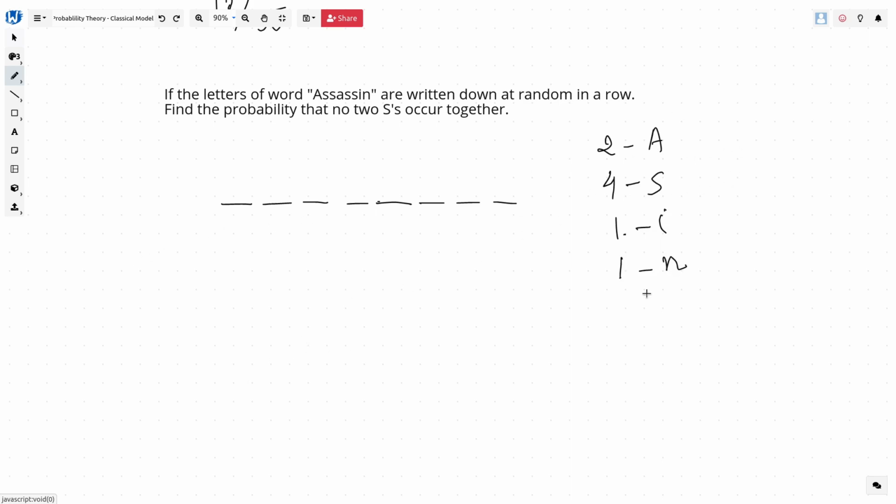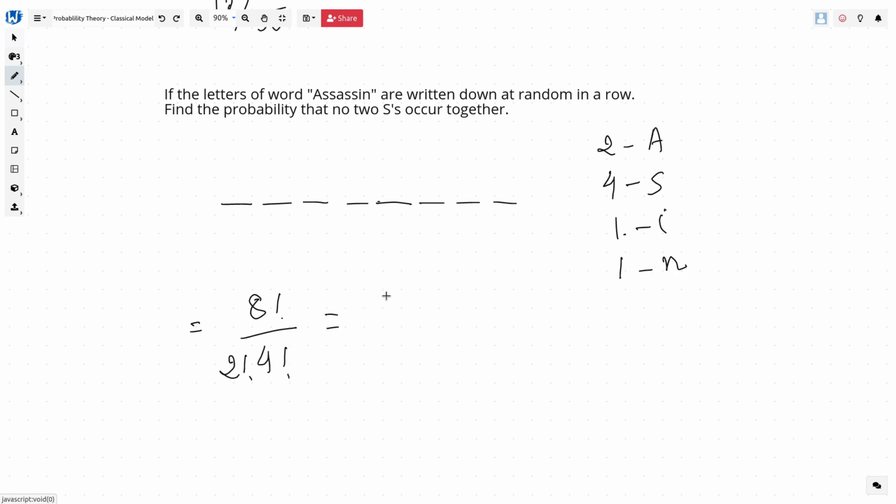So this can be arranged among themselves in a total number of ways. It's like arranging 8 letters in 8 places where 2 are of similar kind and 4 are of similar kind. So that is nothing but factorial 8 divided by factorial 2 into factorial 4, right?